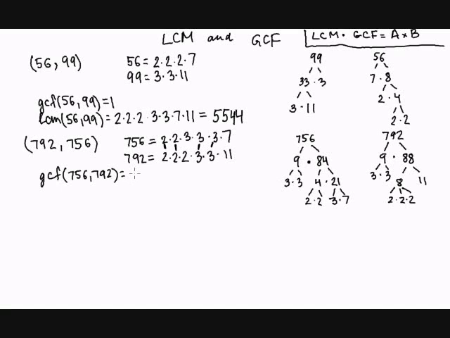So all the common prime factors, I have to write them out and I have to multiply them, and that's my greatest common factor, which is 36.